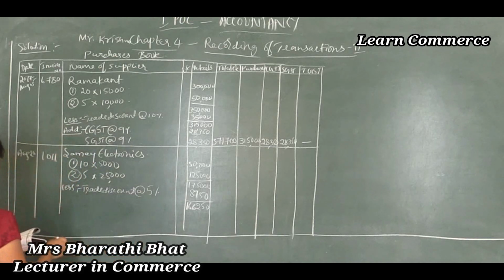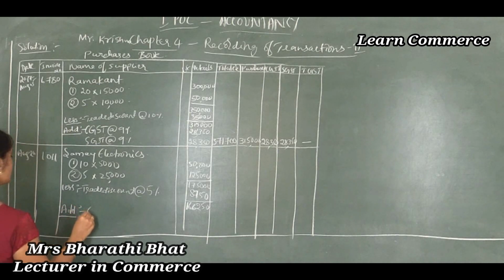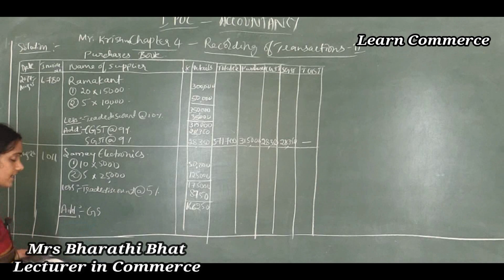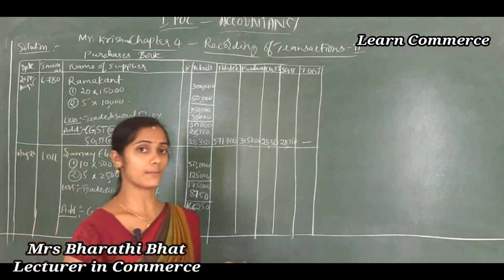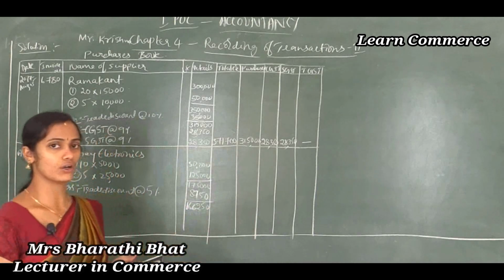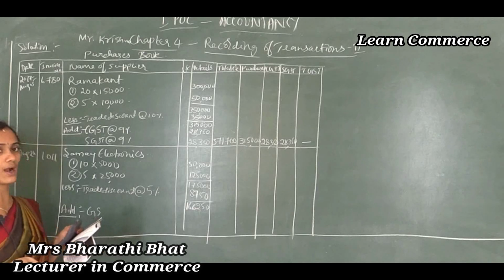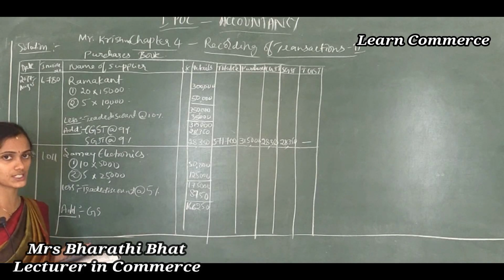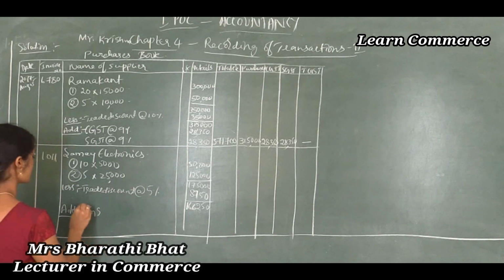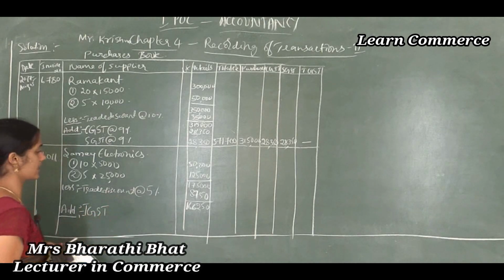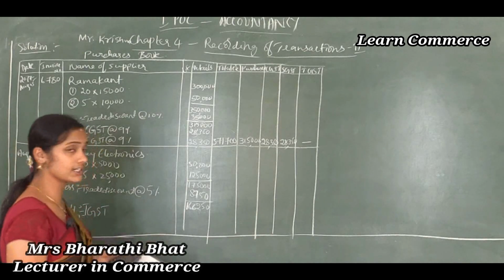So for this we have to add GST. Here purchased from Haryana, so it is outside the boundaries of the state. So IGST will be applicable here. So IGST at what percent?